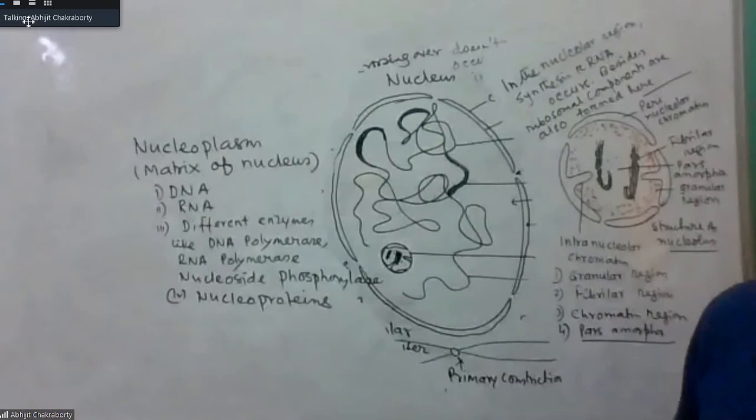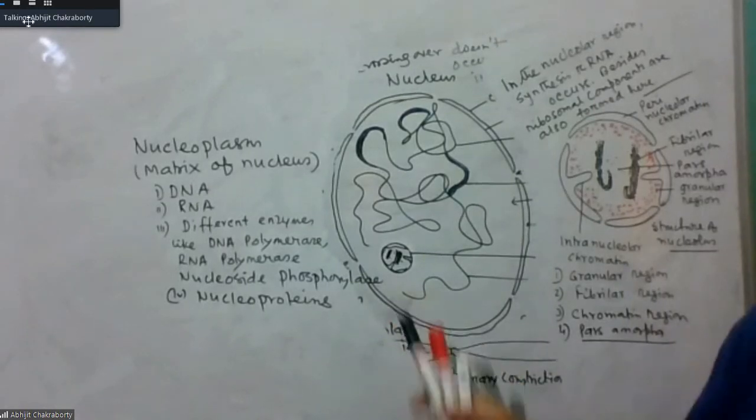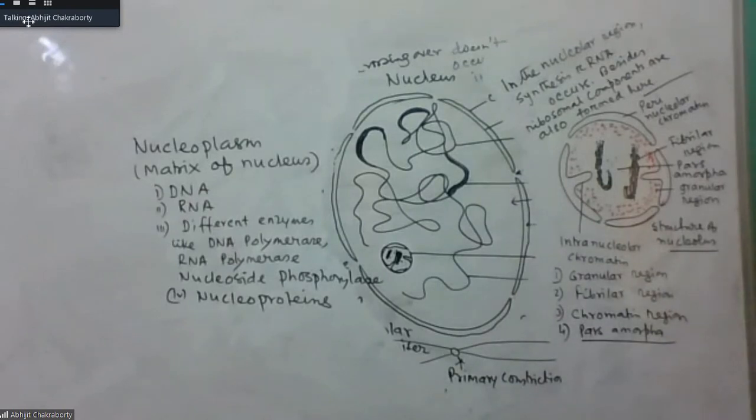RNA polymerase is responsible for transcription of DNA. And nucleoside phosphorylase is responsible for the phosphorylation that occurs during replication and transcription. And then you will get the nucleoproteins compound.